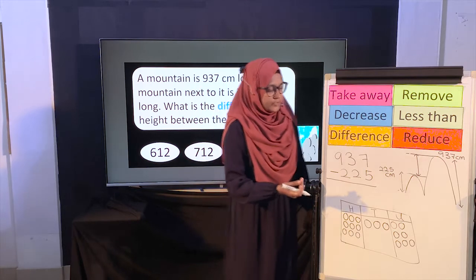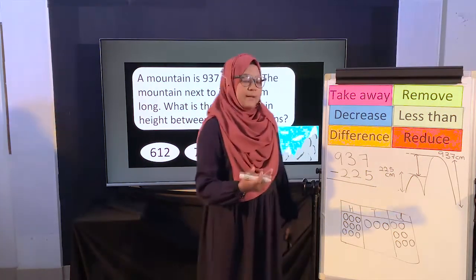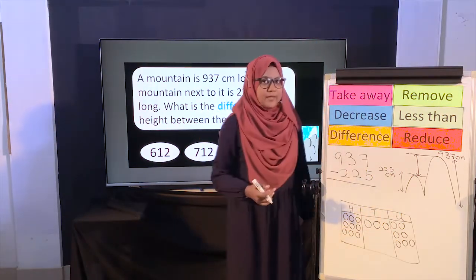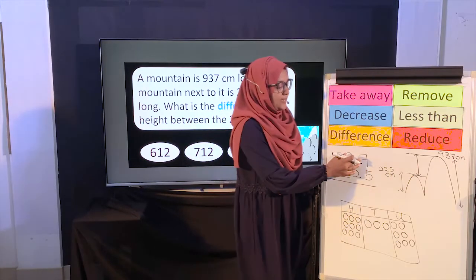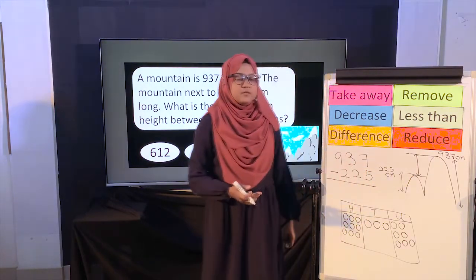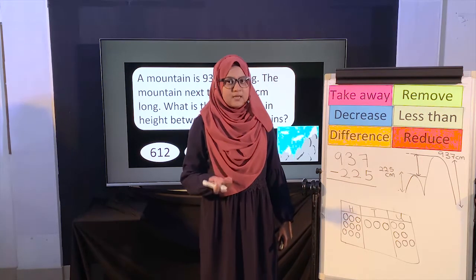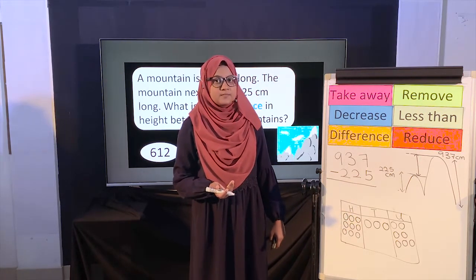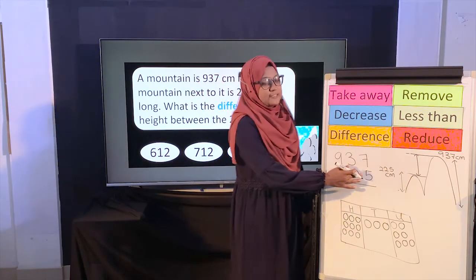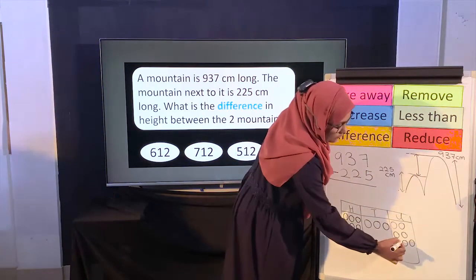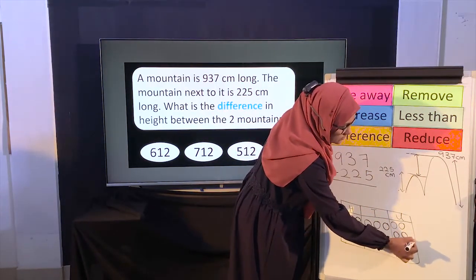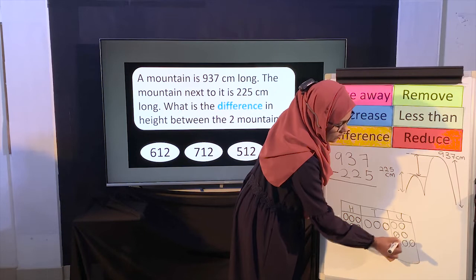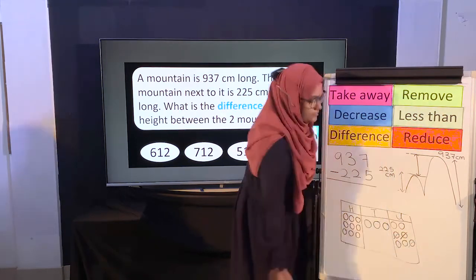So I am going to cut out the number that we have to take away. In units it's 7 minus 5. So how many circles do we have to cut? Yes, it is 5. 1, 2, 3, 4 and 5.